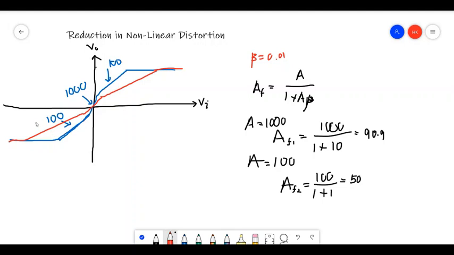This gain is 50 here, this is also 50, and the gain in this part is 90.9. So you can see that the nonlinearity has been reduced by introducing feedback. So by introducing negative feedback we can reduce nonlinear distortions from an amplifier. That's all for feedback and the characteristics of negative feedback.